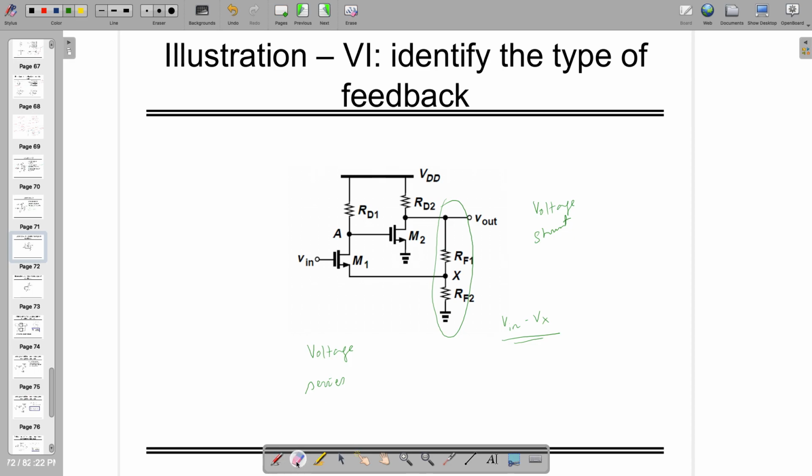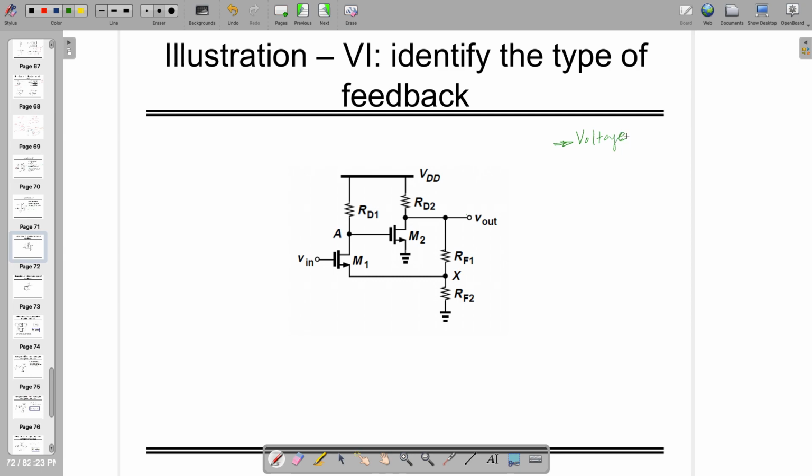So the name of this amplifier in feedback is a voltage amplifier, or you can say that if you're starting from the output side, it's a voltage, and you can write down series shunt also if you wish. But if you don't like this, it's okay, voltage amplifier suffices, no problem.